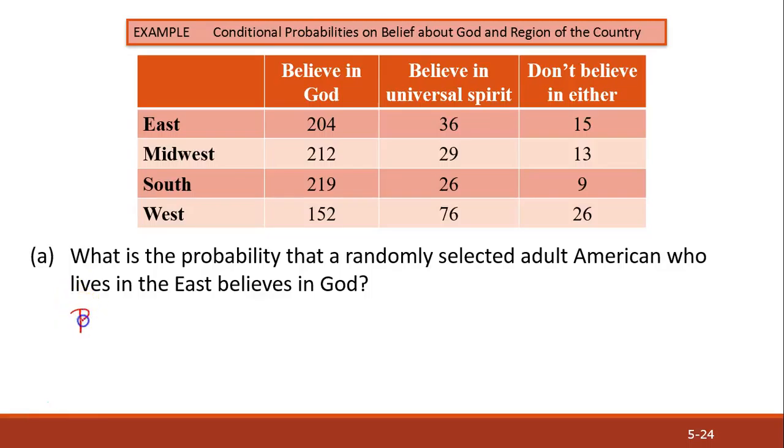We're asked to find the probability that this person believes in God, given that they live in the East. Okay, so using that rule, I'm going to be looking in this row here because this is everyone that is in the East that was asked this question.